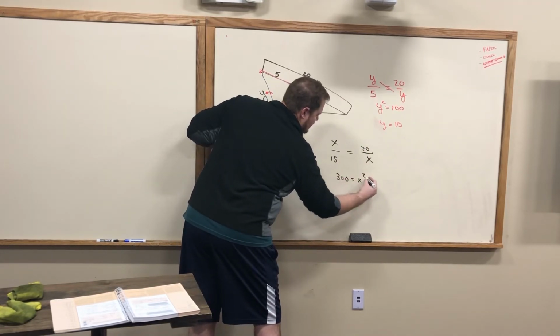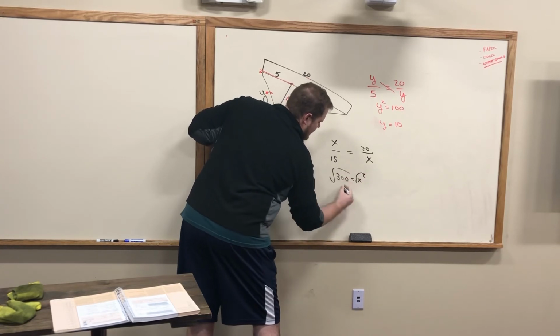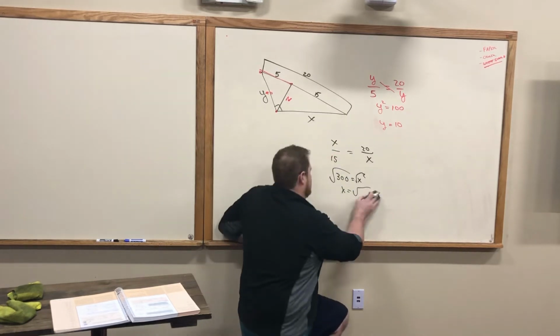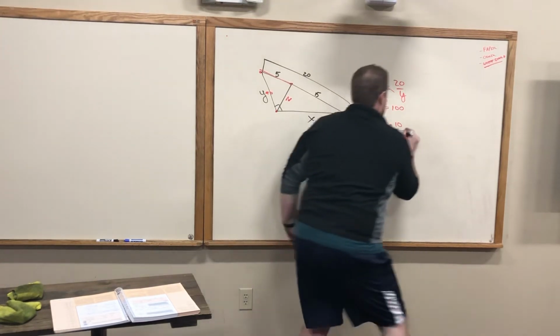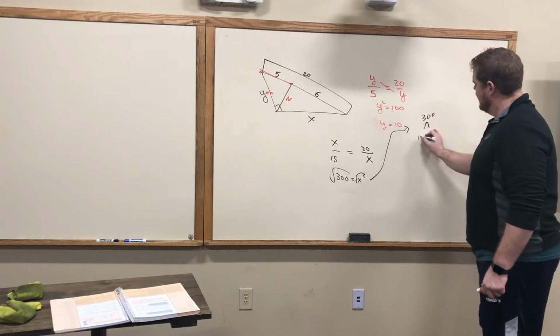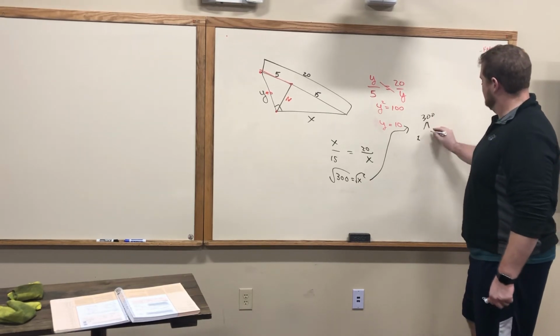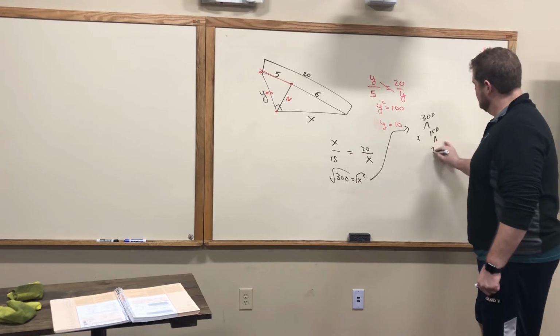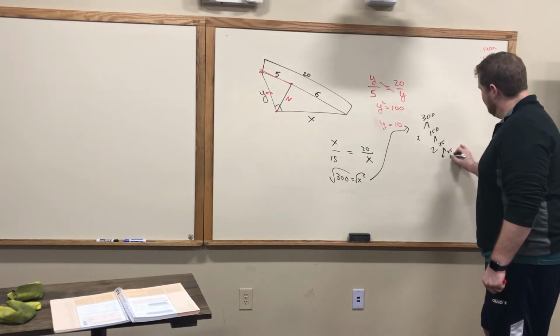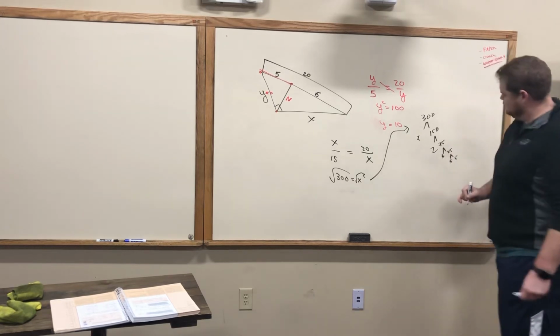300. Good. So x squared equals 300, so x equals the square root of 300, which I'm going to bring up here so I don't have to bend over. So 300, I can take out 2, right? And that gives me 150. 2, and that gives me 75. 5, and that gives me 15. 5 and 5, right?